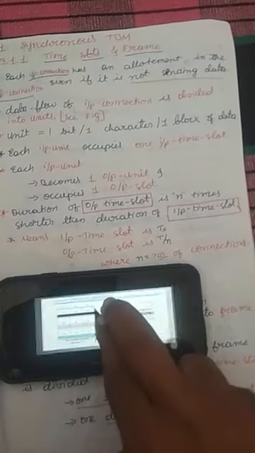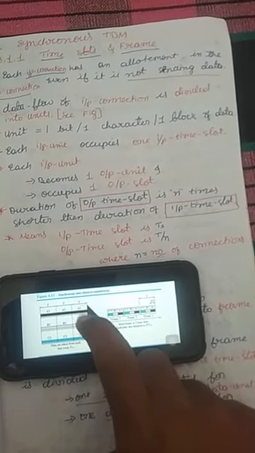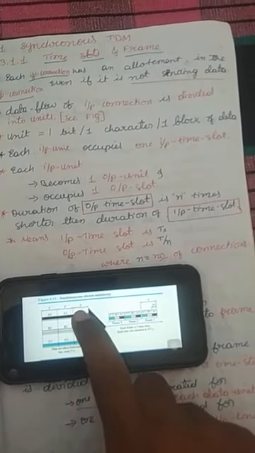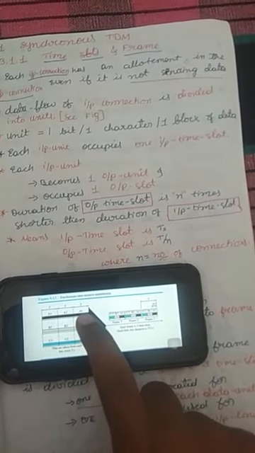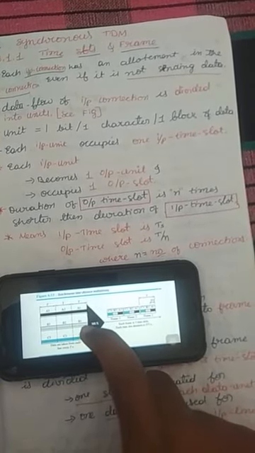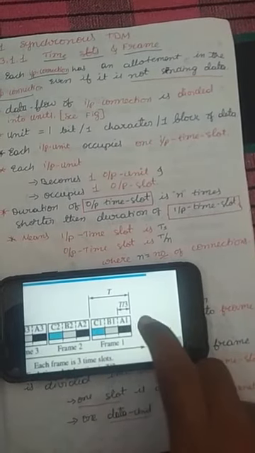Each data flow from each of the lines forms a frame. Suppose there are 5 input lines, it will consider A1, B1, C1, D1, E1, which means it will create 5 slots.